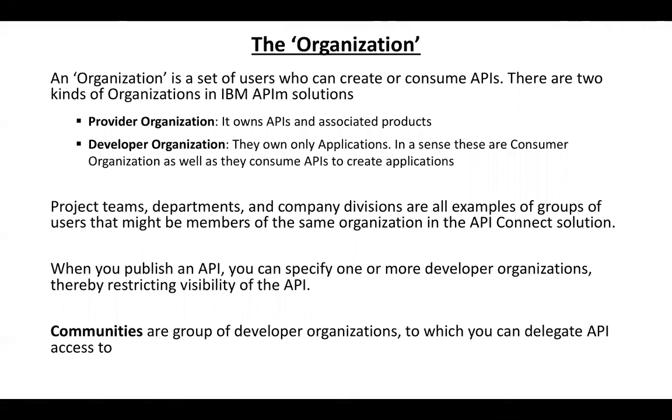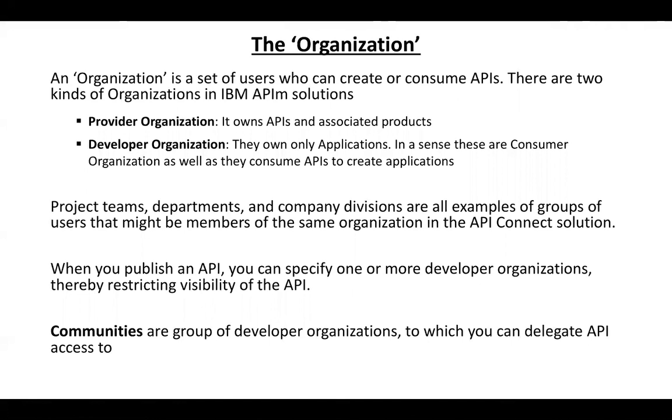So whether it is artificial intelligence, whether it is cognitive computing, whether it is big data, whether it is social media computing, all of these cannot be exposed to the world if we do not package them in the form of an API.